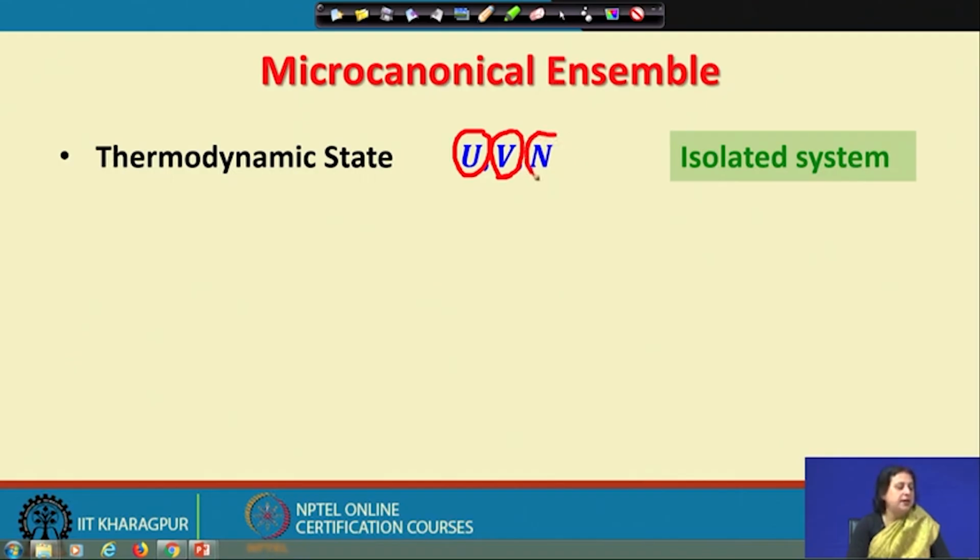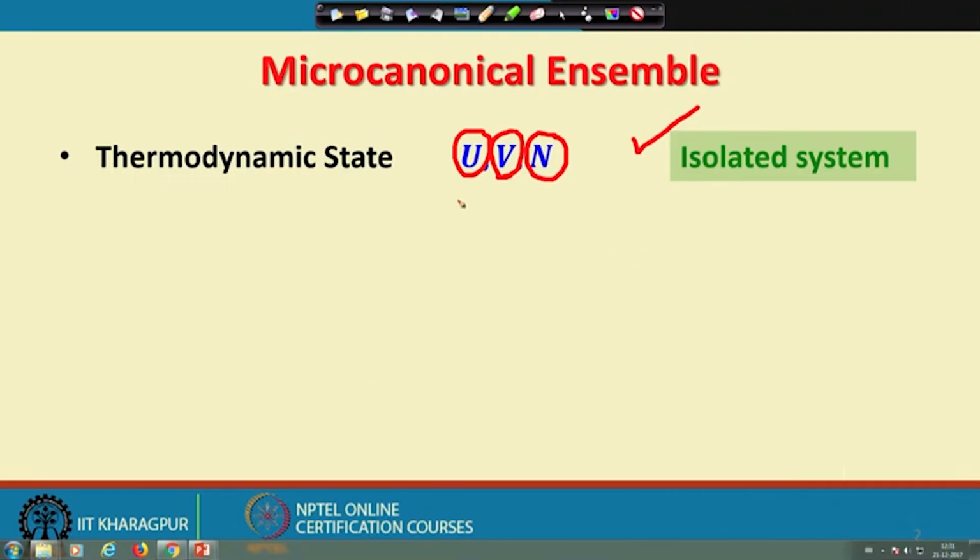And finally, if the walls of the system are impermeable to the particles inside, then the number of particles N in the system is also going to be a constant. So, this is typically an example of an isolated system at equilibrium, where its equilibrium state is characterized by the internal energy, volume and the number of particles.